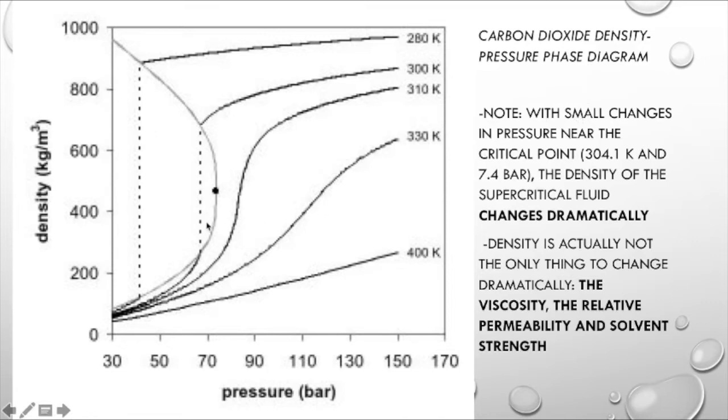This is also repeating this point, showing that whenever we're close to this critical point right here, the density is changing very rapidly, especially on this 310 isotherm. It's important to note that the density is not the only thing that changes dramatically close to the critical point. Also, the viscosity, the relative permeability, and the solvent strength also change to a notable degree.